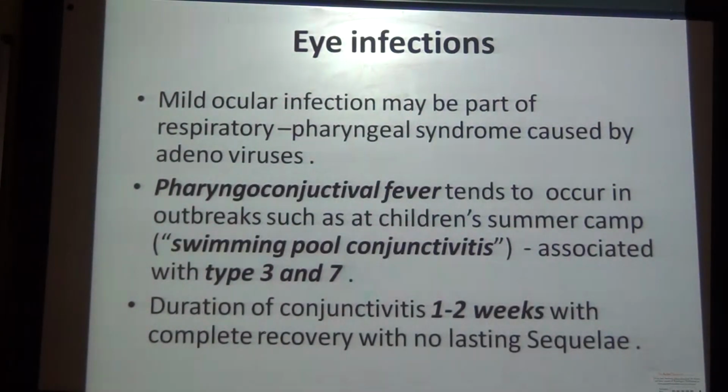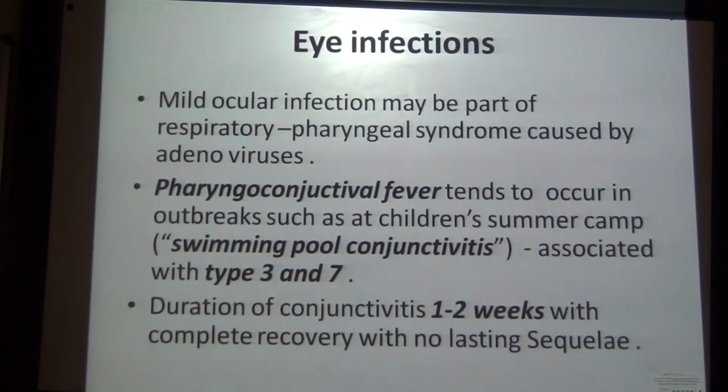Another condition is known as pharyngoconjunctival fever. It occurs in outbreaks in children's summer camps, and it is also known as swimming pool conjunctivitis, mainly associated with type 3 and type 7 adenoviruses.